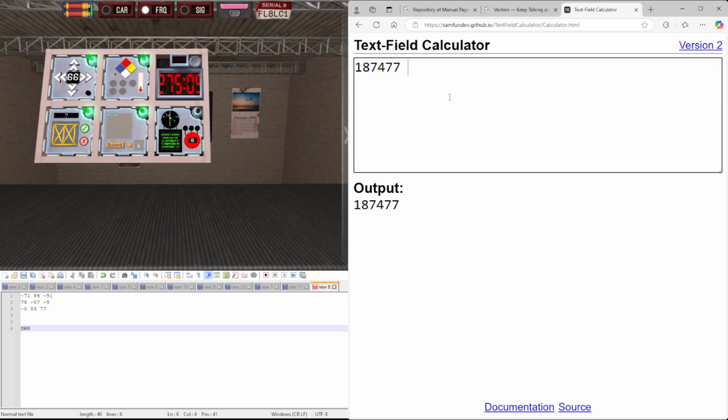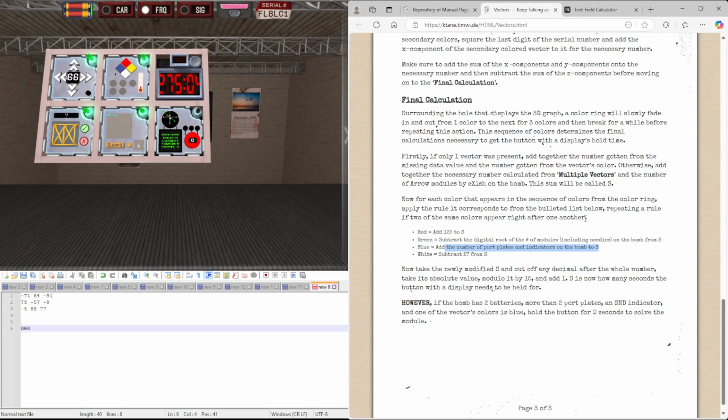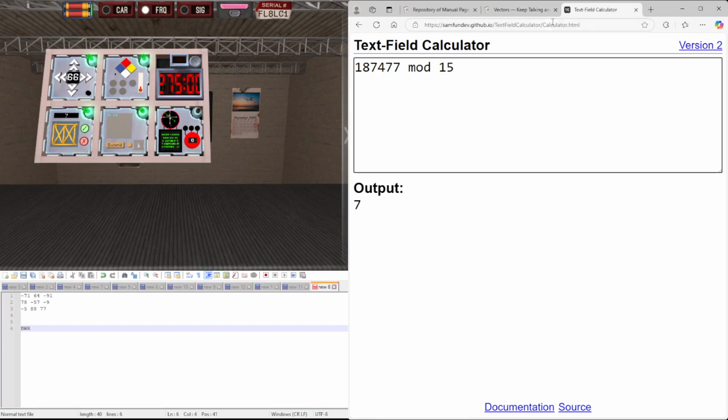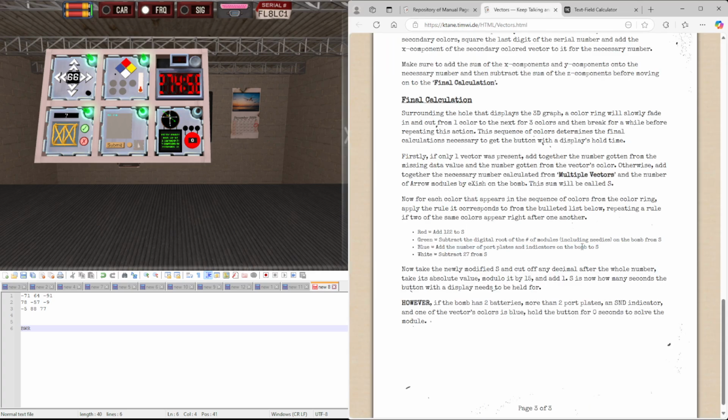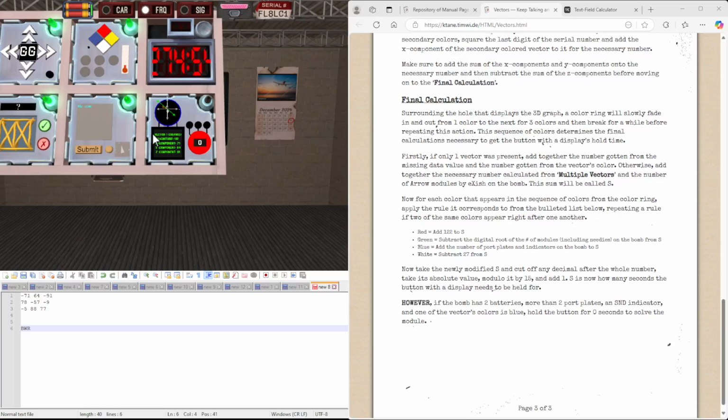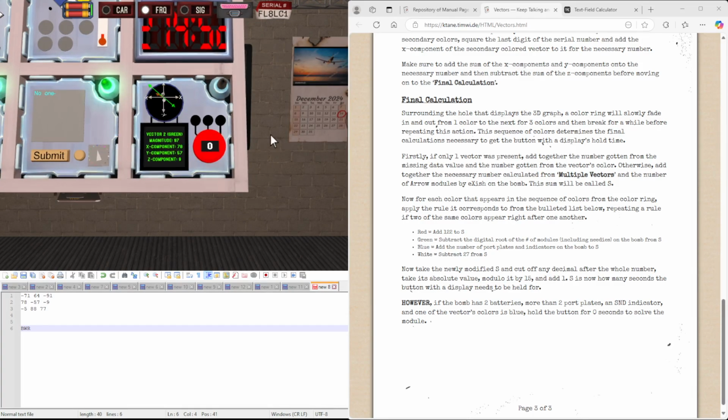Mod 15, so 7 plus 1, 8. So hopefully this is right, but I doubt it.